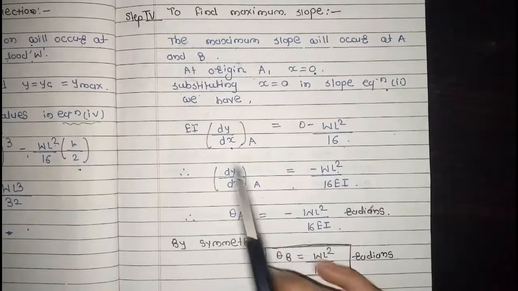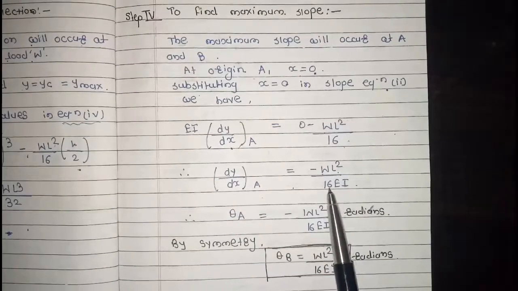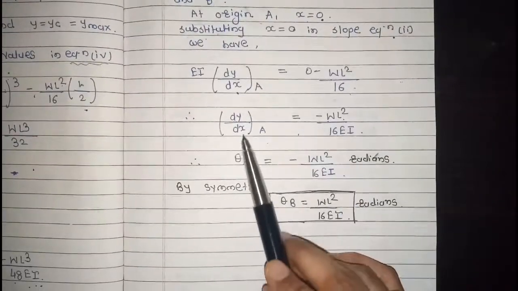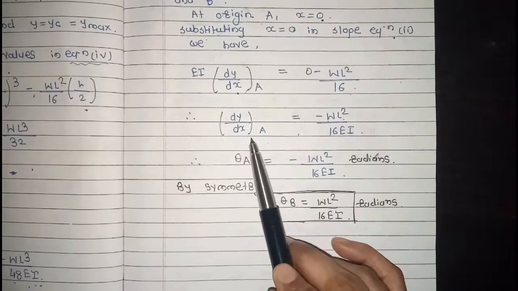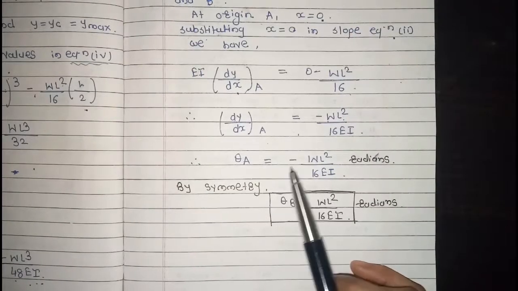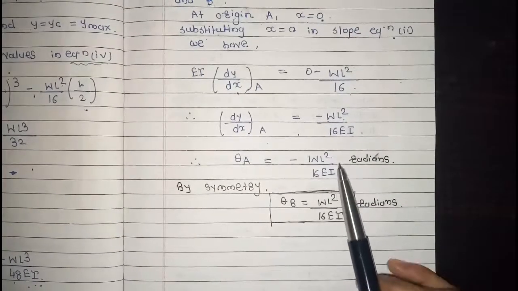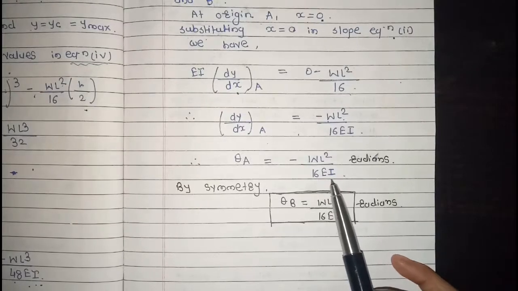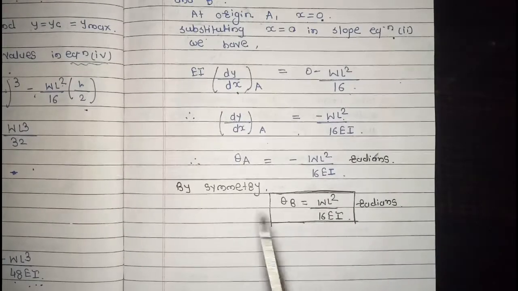So dy by dx at point A means theta A is equal to minus wL squared divided by 16 EI radians.